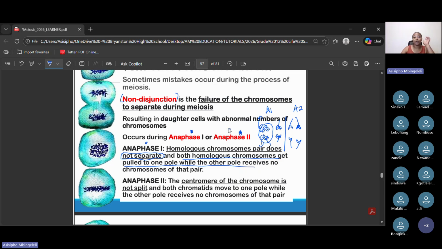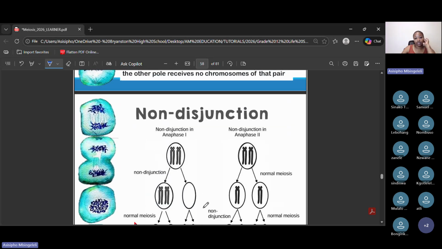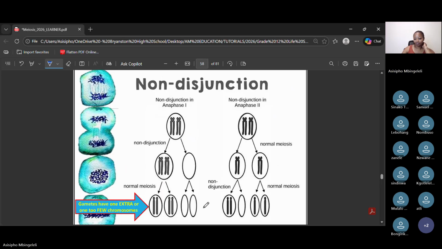That is what is abnormal meiosis. Let's look at it in detail. So non-disjunction in anaphase 1 or non-disjunction in anaphase 2. Please note, non-disjunction occurs only in these phases, not in prophase, not in metaphase, and not in telophase.